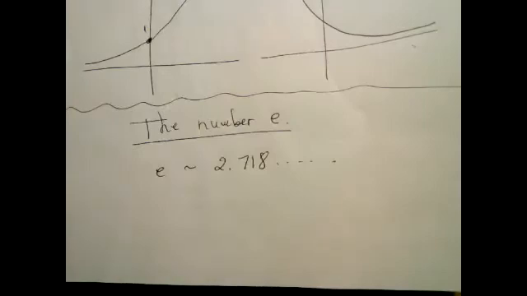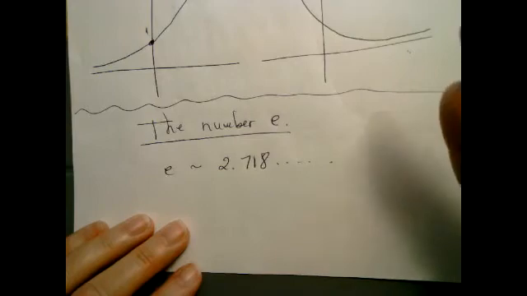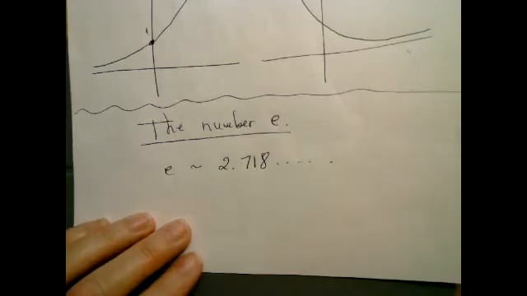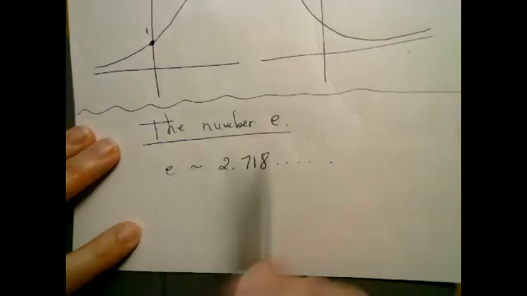Okay, and its importance, basically, for those who have an idea what the derivative is, is that the derivative of the exponential is itself. So that's what makes it very important. But let's not worry about that. Now let's just worry that that's an important number that we should know.